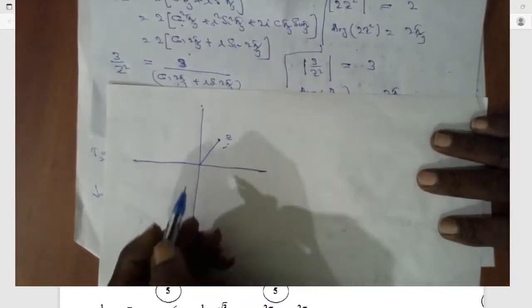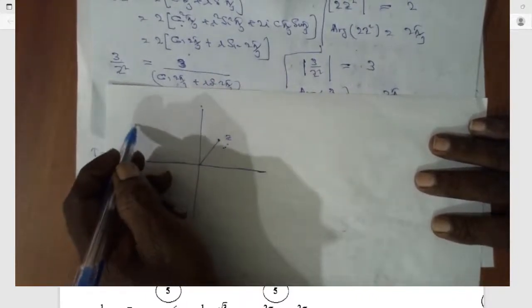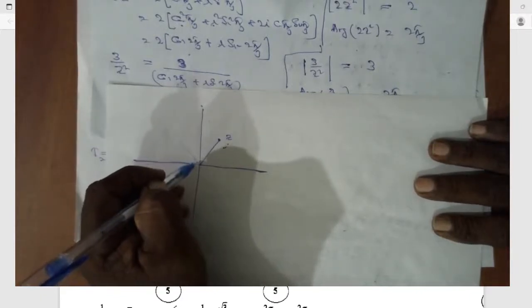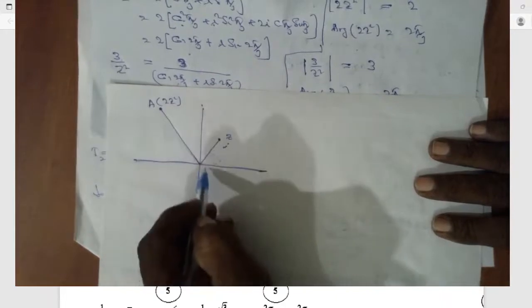Then 2c squared is like this. So this angle is 2 pi by 3, and this length OA is 2 units.